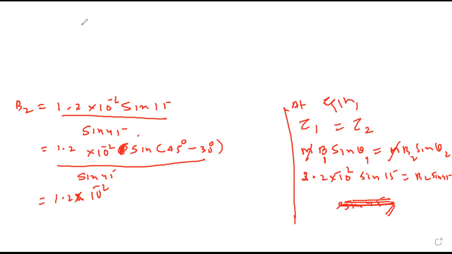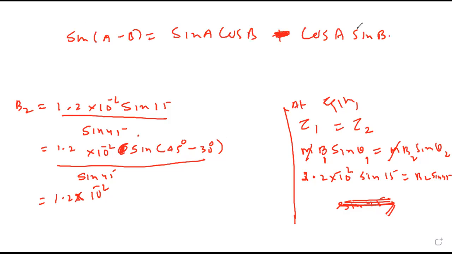I write here sin of A minus B is sin A cos B minus cos A sin B. Same way, if it is plus here, then this will become plus.